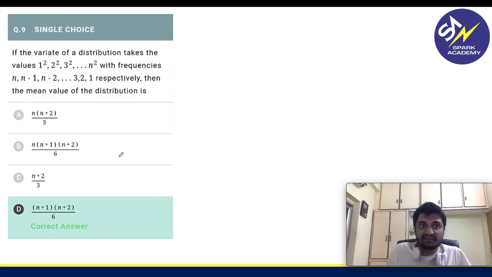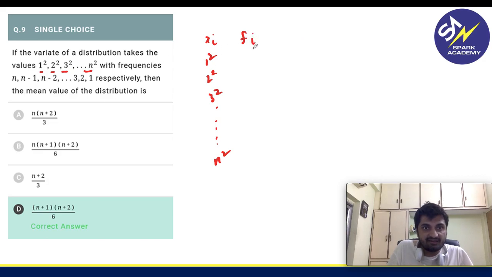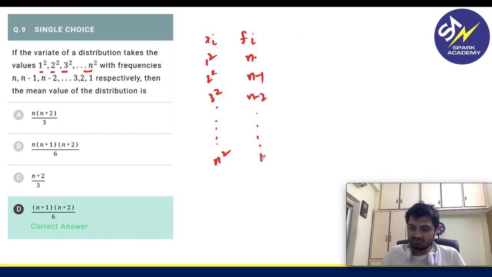A variate takes the values 1 square, 2 square, 3 square, up to n square. So I will write xi values as 1 square, 2 square, 3 square, up to n square. Now what about frequencies fi? I can write it as n, n minus 1, n minus 2, up to 1. Right? So how do you write mean? Mean you can write as summation xi fi by summation fi.